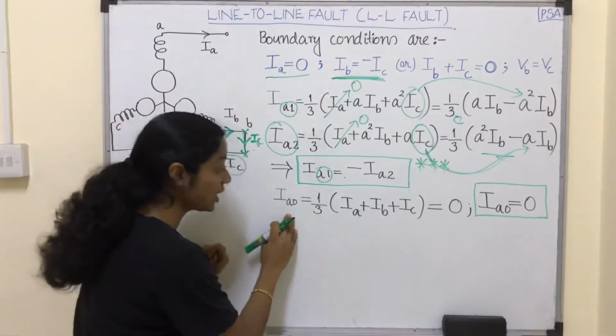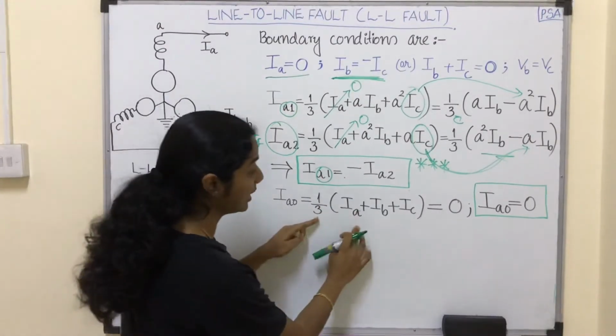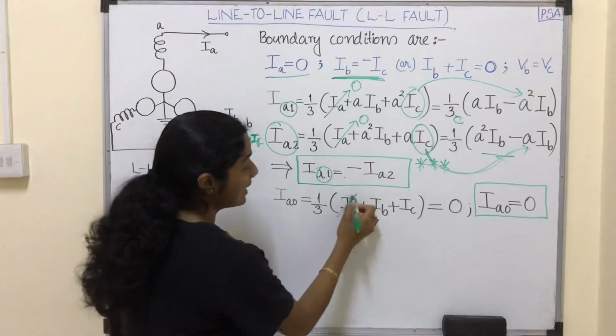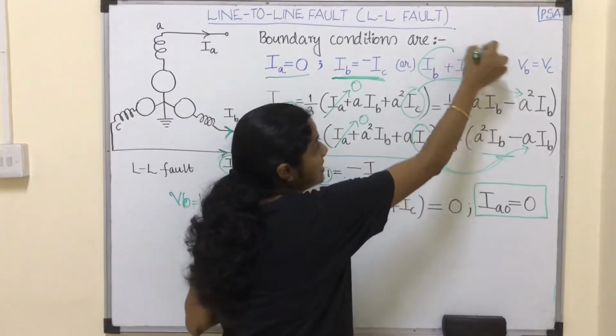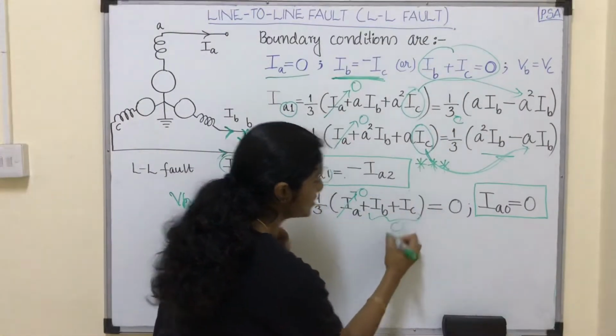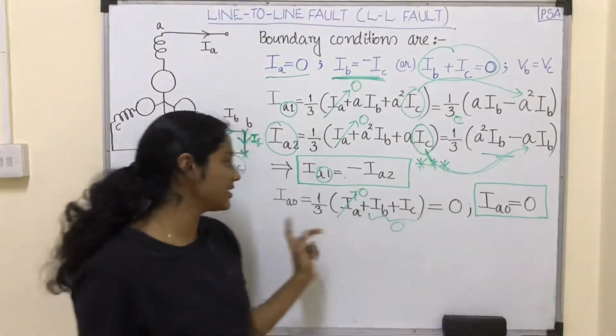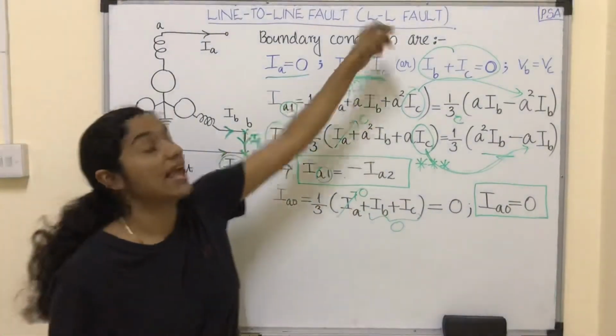And what about the zero sequence current? The zero sequence current is equal to 1 by 3 times of IA plus IB plus IC, and IA is equal to 0 we know, and from the earlier result IB plus IC is equal to 0. That means this term is also equal to 0. That is, zero sequence current is equal to 0 in LL fault.